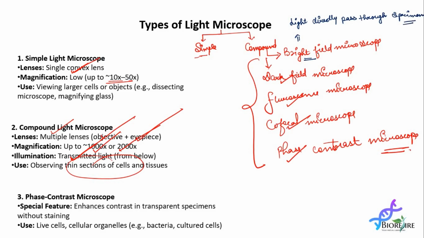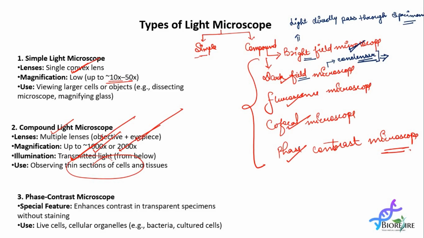In the dark field microscope, we use a special condenser. The condenser will scatter the light. Then the scattered light reaches our eyes, and the magnification power is more than the bright field microscope.